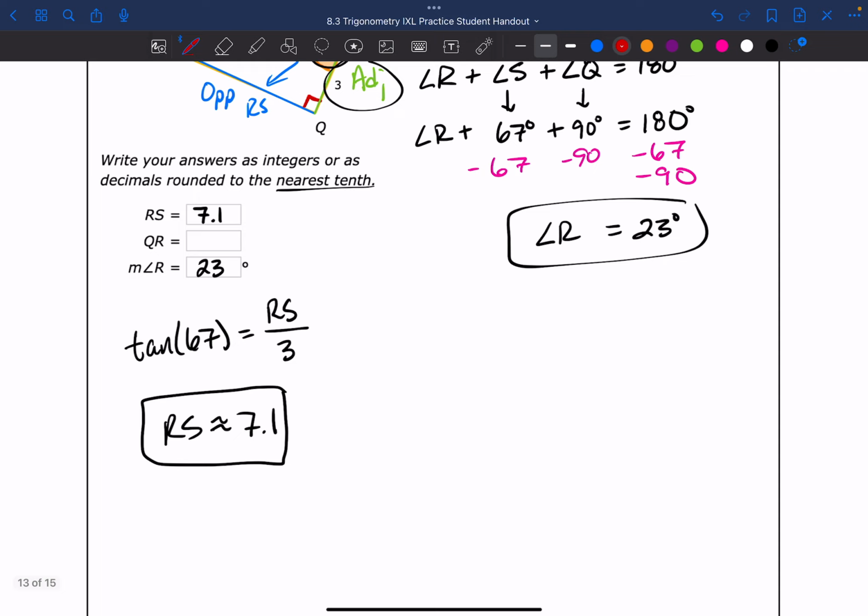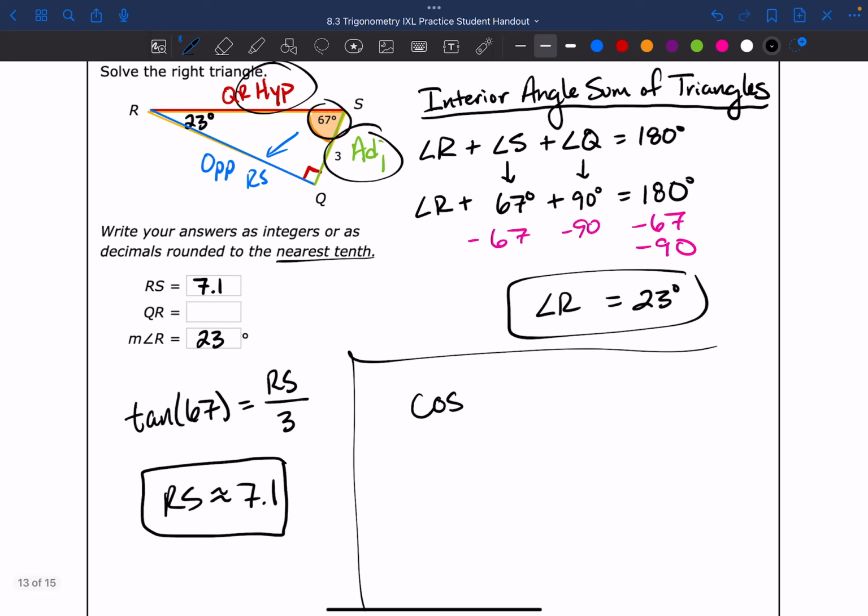Well, that is cosine. So I'm going to say cosine of angle 67 is equal to, let's see, 3 over QR, my hypotenuse.